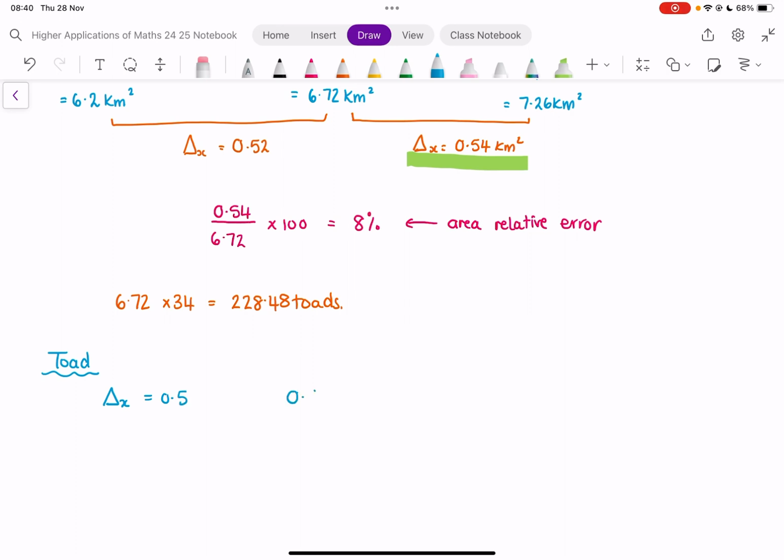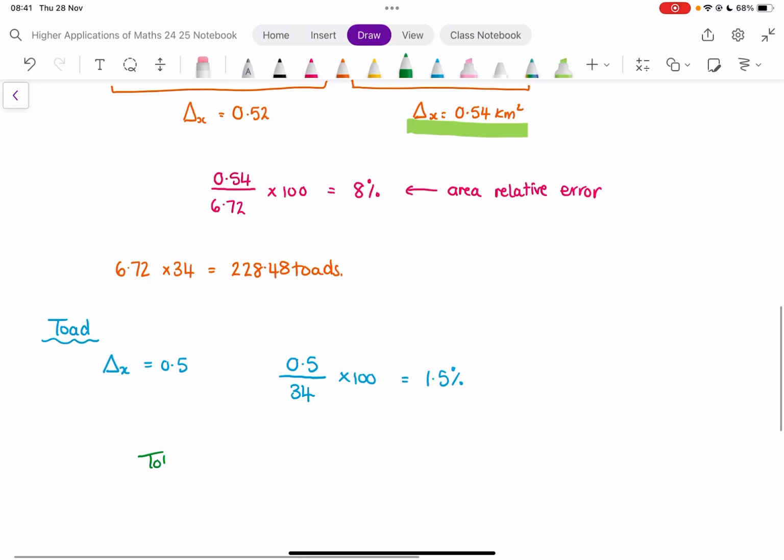So I'm going to take 0.5, divide that by the number of toads per kilometre squared, so 34, and then multiply that by 100. So that's an error of 1.5%. So the total error for the whole thing is my errors combined. So my area error plus my toad counting error, so 9.5%.